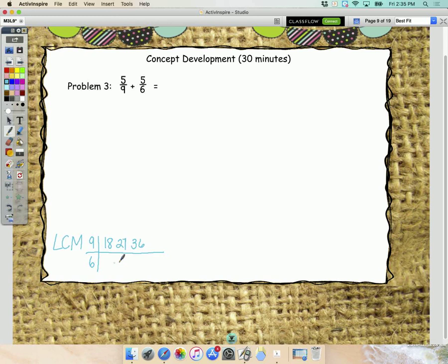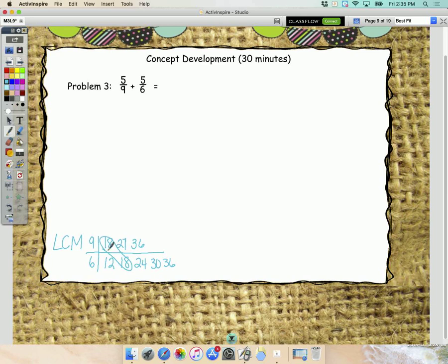And then the 6's. I'm going to skip count by 6's. 6, 12, 18, 24. I need to practice my skip counting. 30, 36. Actually, I could have stopped right there at 18.